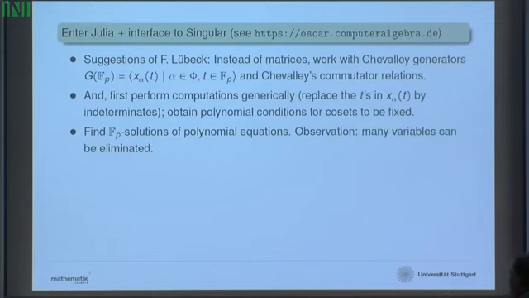So one observation which comes out, because these Chevalley commutator relations, they don't produce arbitrary polynomials. There's some nice structure to it. So many variables can be eliminated. This means if you look at the polynomials, many polynomials have the form: some big combination of terms involving many variables, and then maybe plus x59, plus one single variable.